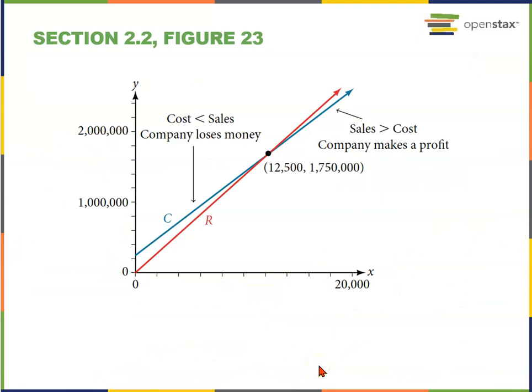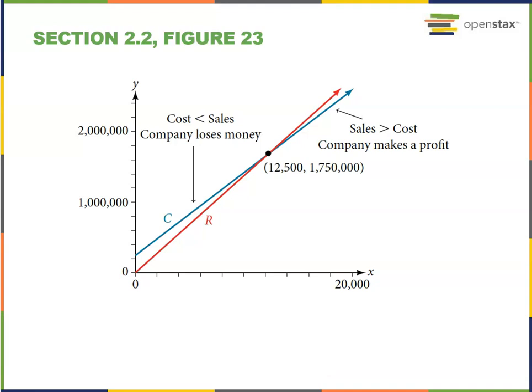And this is the analysis of that problem. We have the blue, where the cost is less than the sales, and the company loses money, and the other one is where sales are greater than cost, so the company makes a profit.